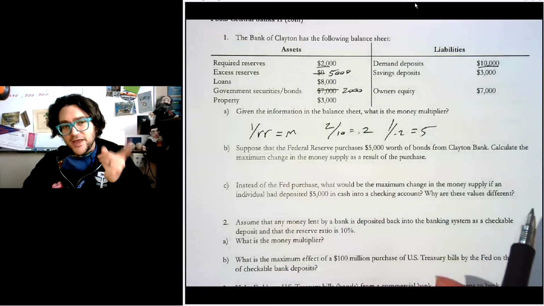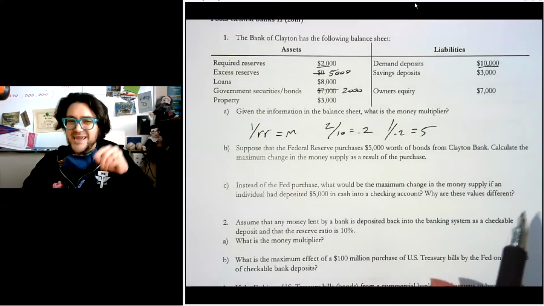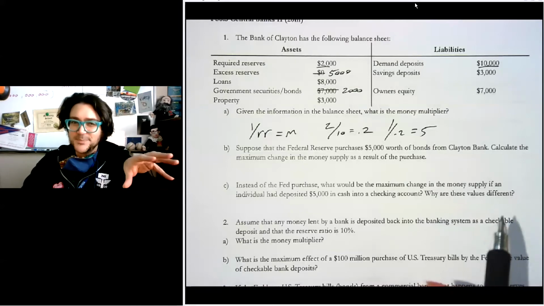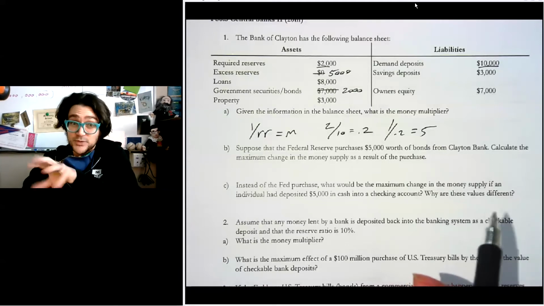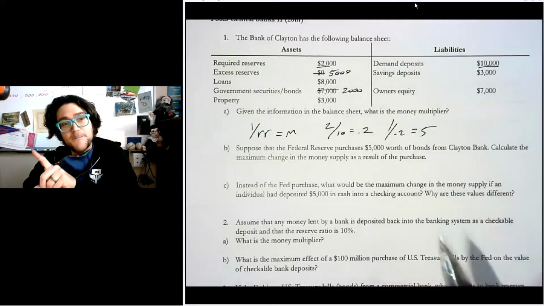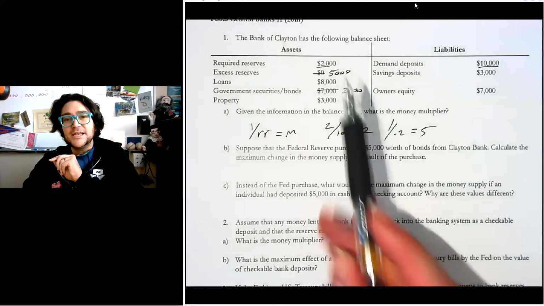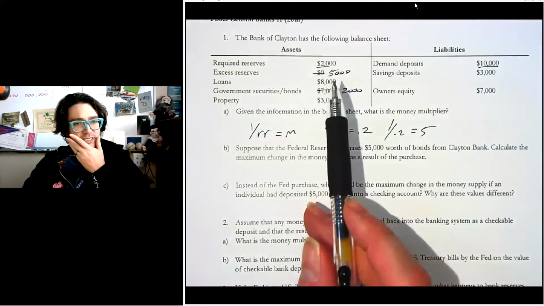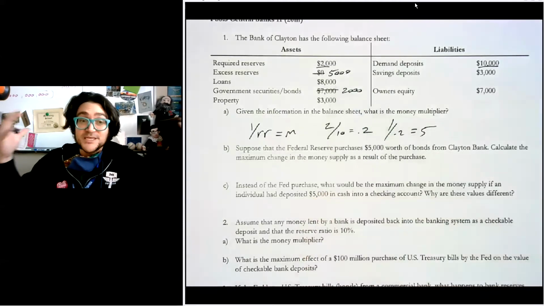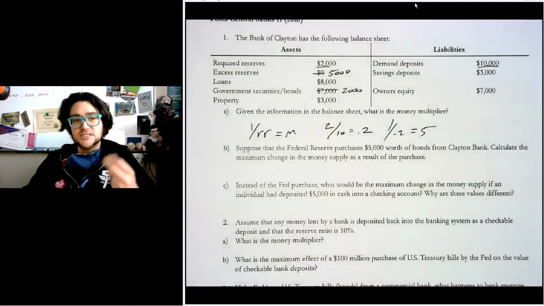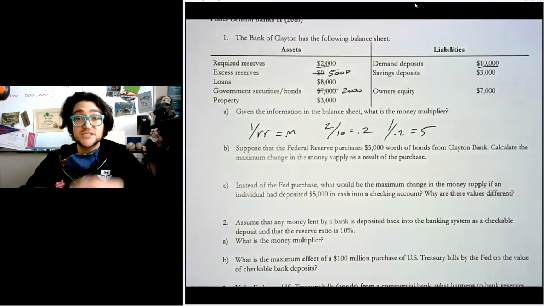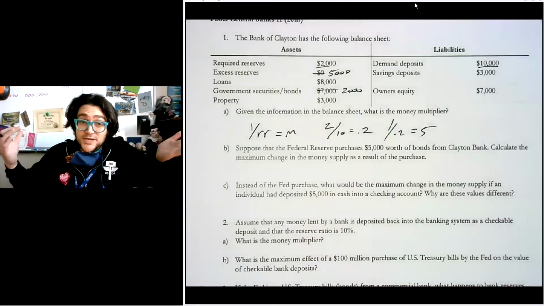The tricky part there was that if they deposit it, the bank can't lend out the whole amount of the deposit, because they had to keep some in required reserves. But this bank, Bank of Clayton, can lend out all of that $5,000 because it's not from a demand deposit. It would be the same as if somebody walked in and deposited $5,000 into a savings account. Then the bank can loan out all of that.